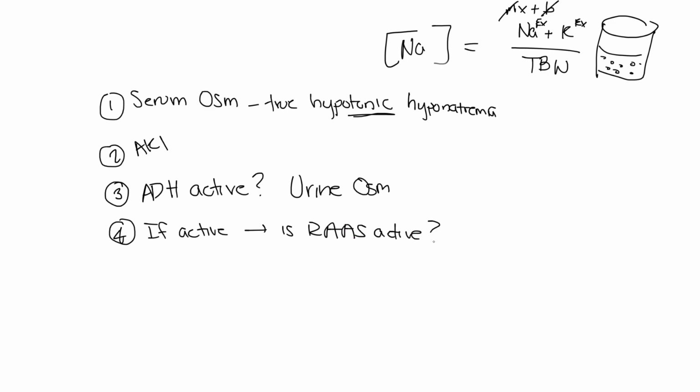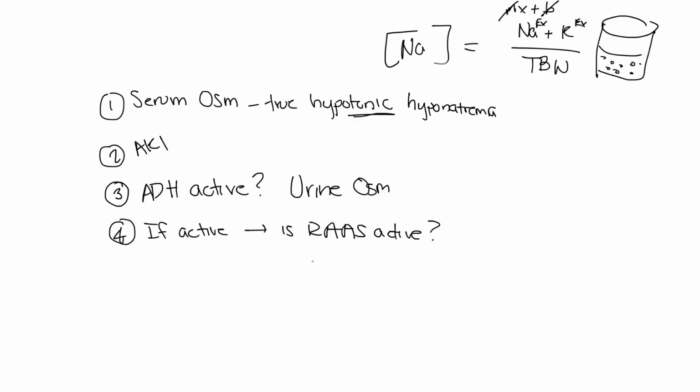Because this helps me understand, is it an appropriate ADH state or an inappropriate ADH state? Anytime RAS should be active, it's an appropriate ADH state. Okay. And this is how I then get to my differential for, okay, RAS is active, therefore I'm in a low effective arterial blood volume. That automatically makes me a volume contracted or volume expanded state. Which of the two is it if my ADH is active?